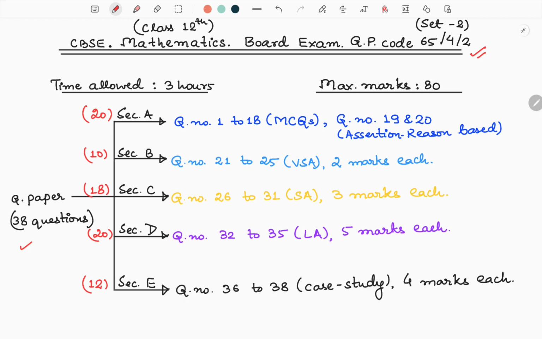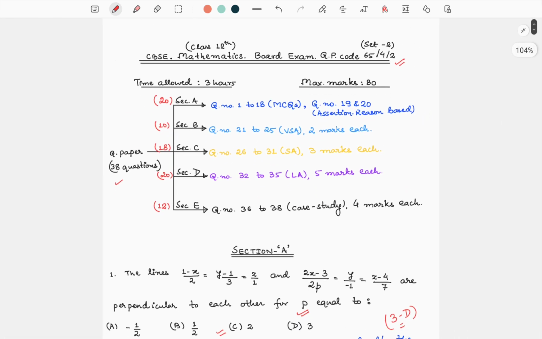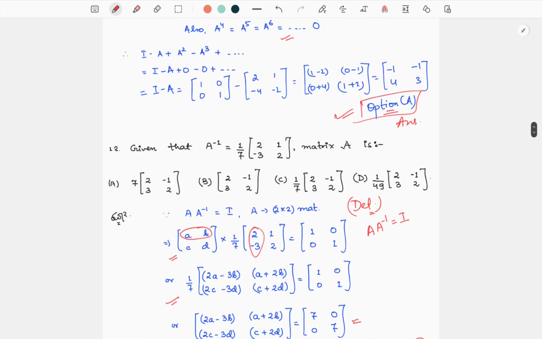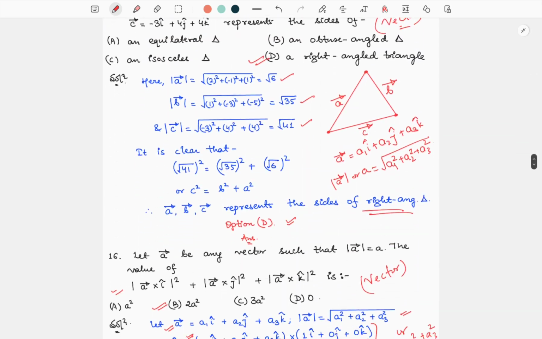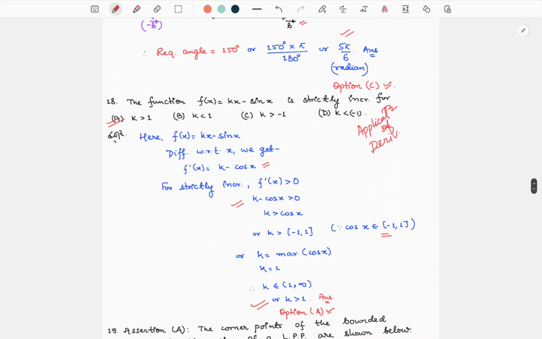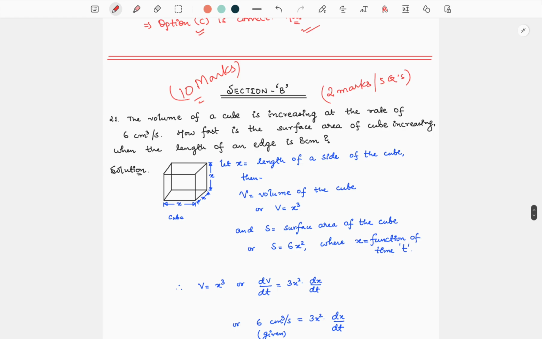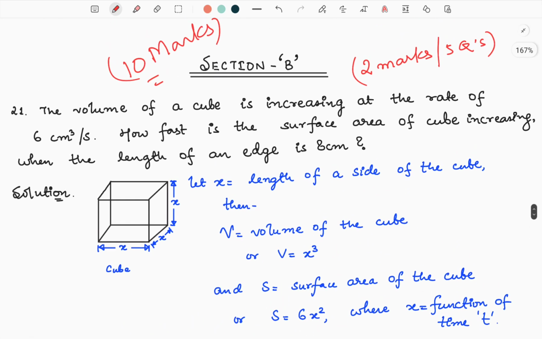You can see here I have written 10 marks for section B. In the subsequent videos, we will solve section C, section D, and section E. Let's come back to section B and start looking at the questions.